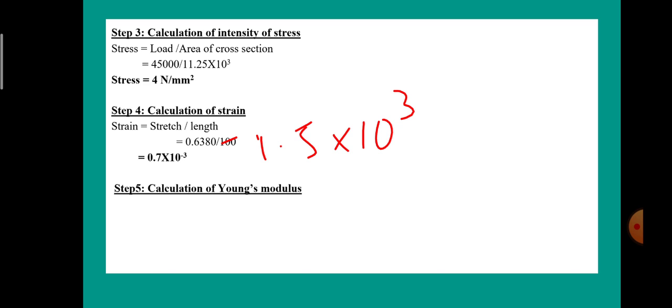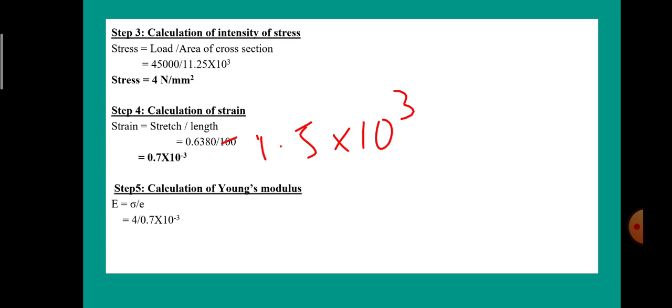The next step is calculation of Young's modulus. I know the stress and also the strain, which I calculated in step 3 and step 4. I just need to substitute the values of stress and strain to calculate the Young's modulus, which is the ratio of sigma by E, where sigma is the stress and E is the strain.